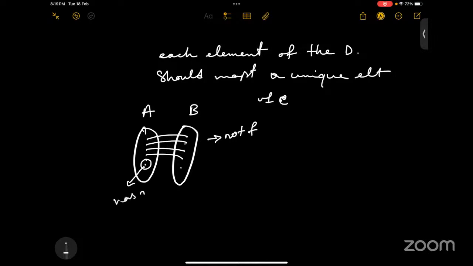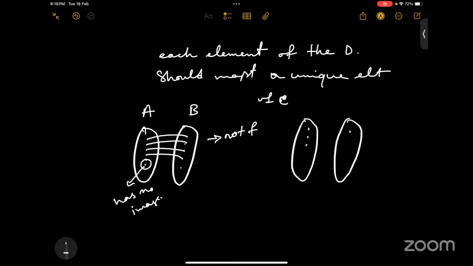Okay, and if I draw this here, this is our domain, this is our codomain. So in our domain we have three members. If we assign like that, is this a function? No. Why? Because one element has two different images, right?